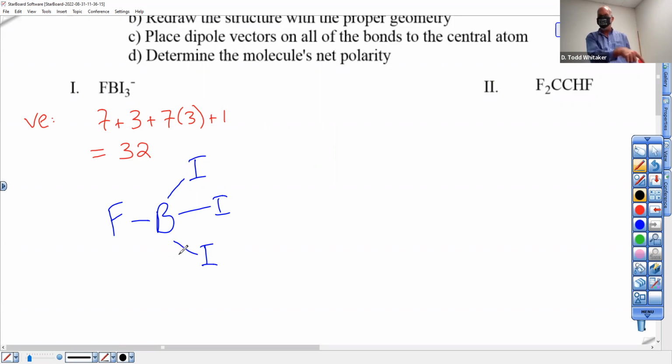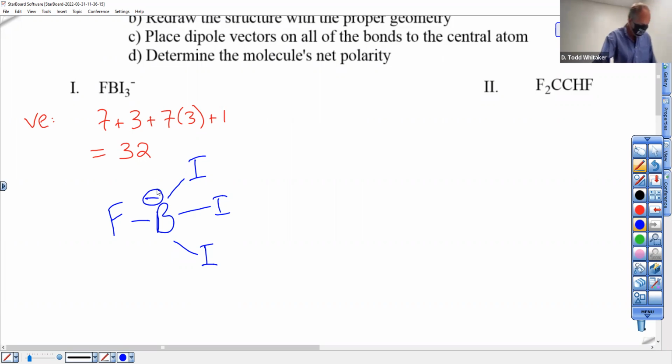Boron owns 4 here. It owns 3 on the periodic table. It owns 1 more electron here. Then over there, it has a -1 formal charge here. You put it like that. I prefer to circle it because it's a formal charge. You don't have to circle it, but I like it.